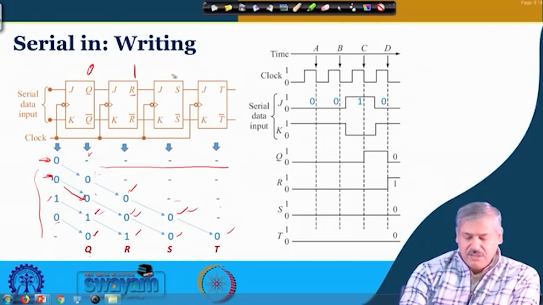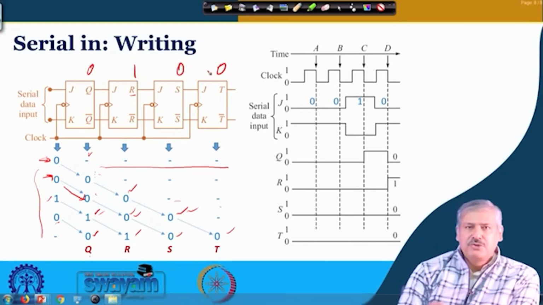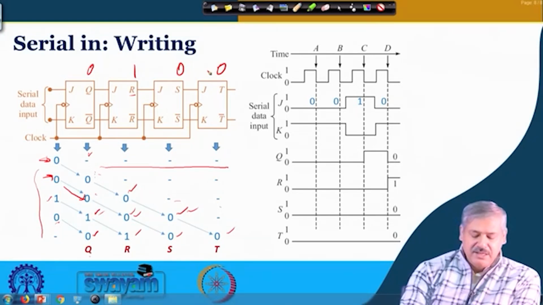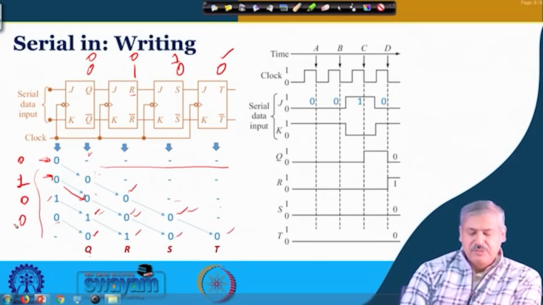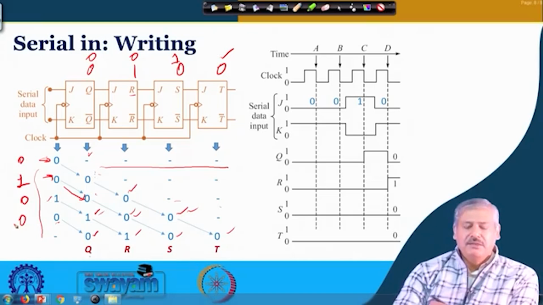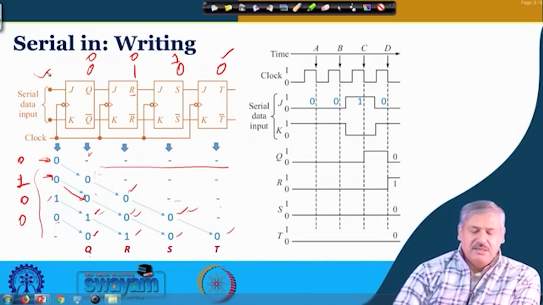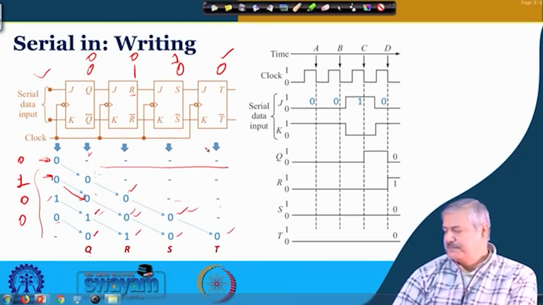If you want to store, say, 0, 0, 1, 0, you can imagine that you first have to give 0, then 1, then 0, then 0. This is the way you have to plan your entry of serial data input, depending on what you want to store here.